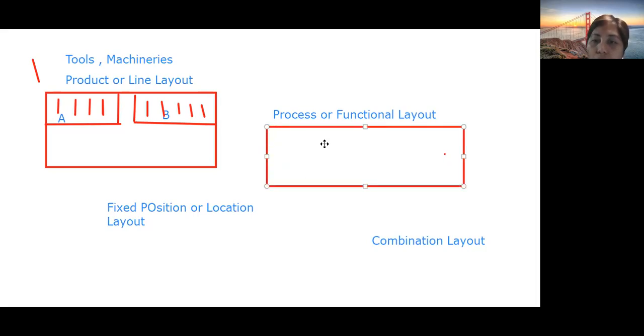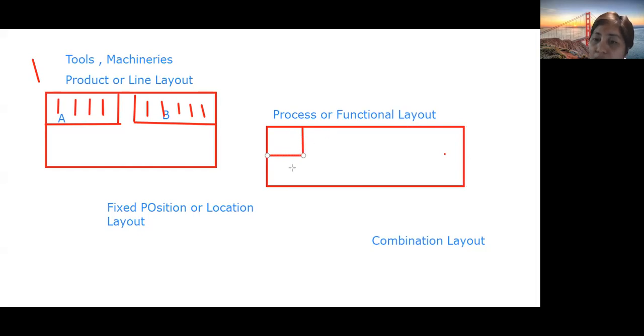So once you get inside the shop, you will see that there will be different rooms. In the product layout, in the different rooms, there is a particular product to be done.